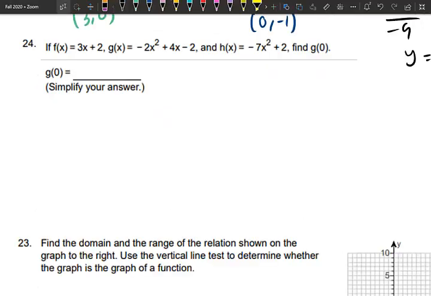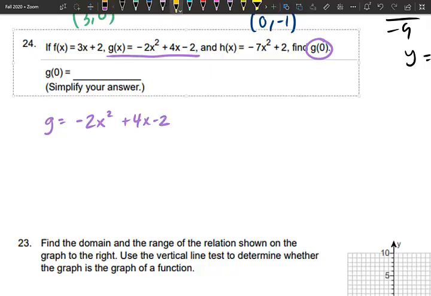Alright, we're given: if f of x equals 3x plus 2, g of x equals negative 2x squared plus 4x minus 2, and h of x equals negative 7x plus 2, find g of 0. If it's asking us to find g of 0, that means it's asking us to use the g function. So the g function is negative 2x squared plus 4x minus 2.